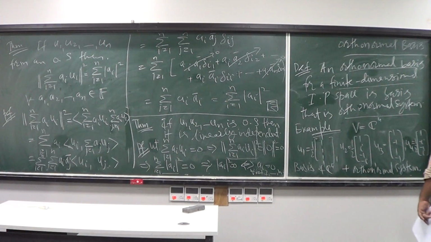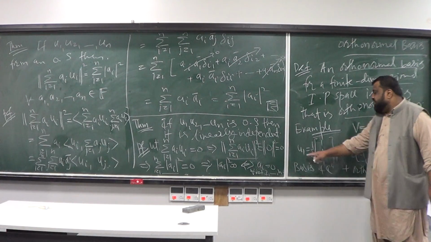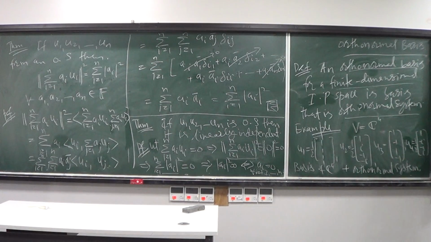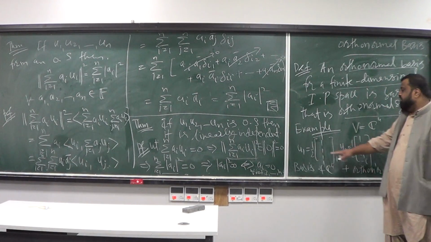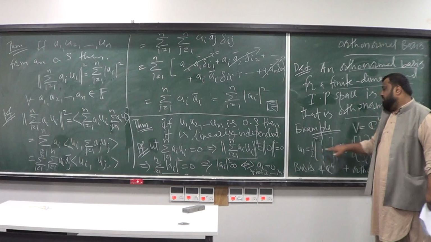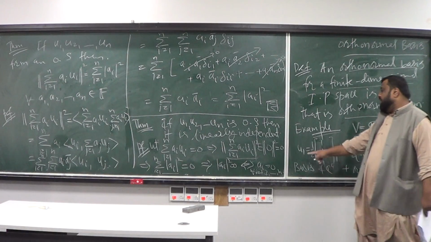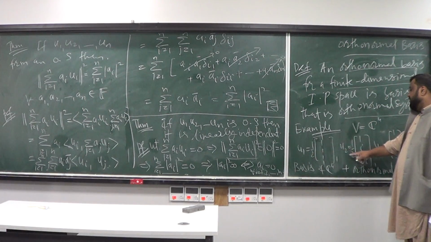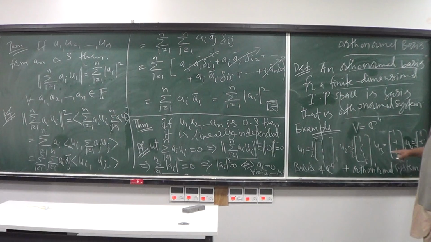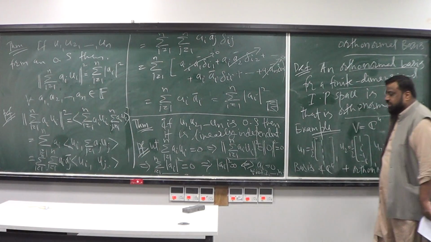And what do you mean by orthonormal system? If you compute the norm of each one of these vectors, that norm would be 1. And if you take the inner product of U1 with U2, or U2 with U4, or U3 with U2, and so on, their inner product would be 0.